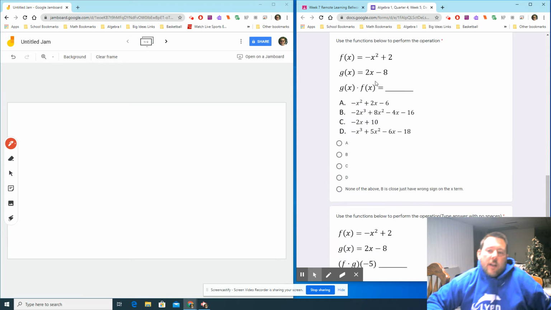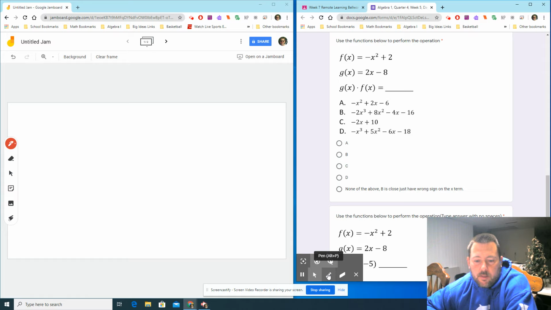And now we're back to either adding, subtracting, multiplying, or dividing these things. So we're multiplying g of x times f of x. I'm going to go ahead and use this vertical form right here. And we're multiplying, so luckily, we can do it in any order. So we're going to get negative 8 times 2, so negative 16. Negative 8 times negative x squared, so it's positive 8x squared.